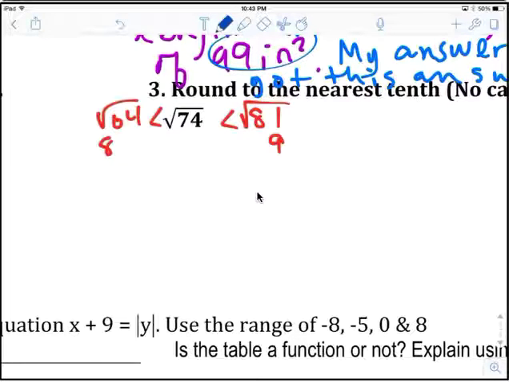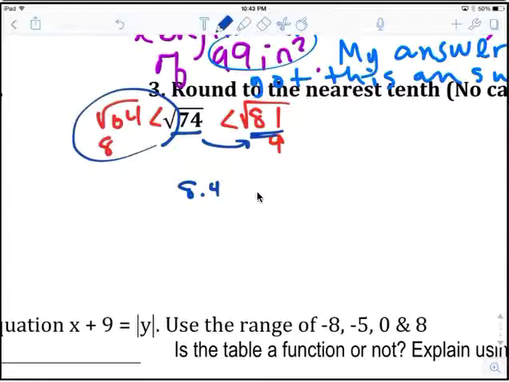Well, it could be smack in the middle, right? It's 10 away, oh no, less than 10 this way. So I'll try 8.4, see what happens. It looks closer to this one. More than 8.4 then, huh? It's only 7 away and 10 away this way, so 8.6.